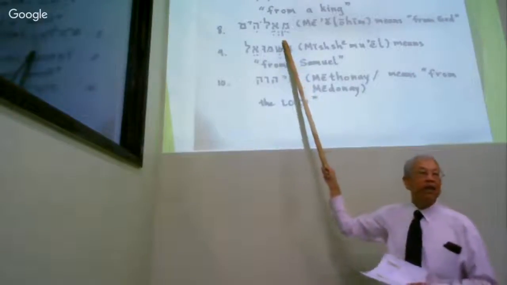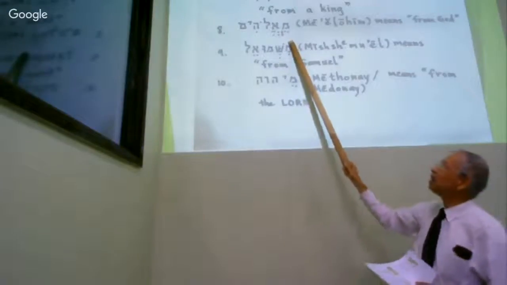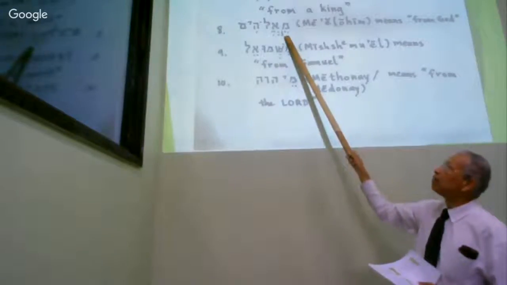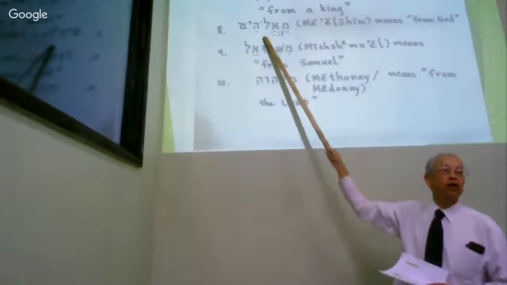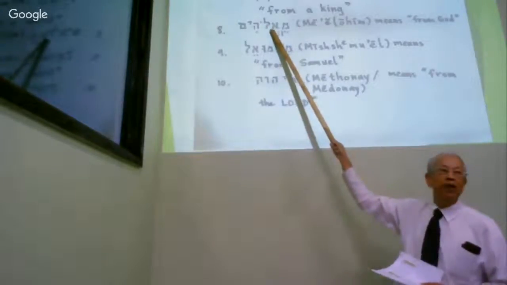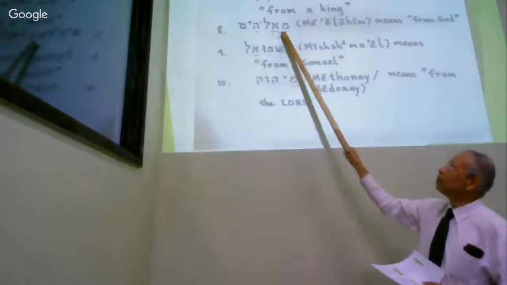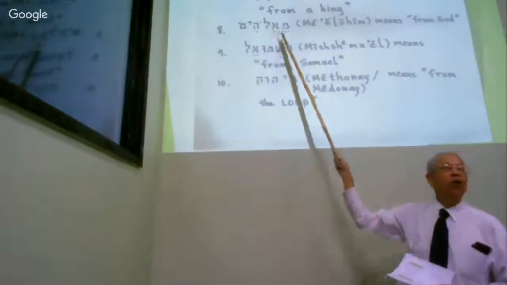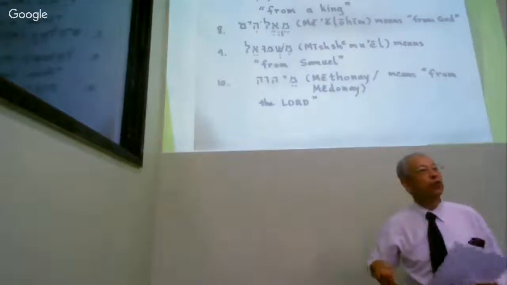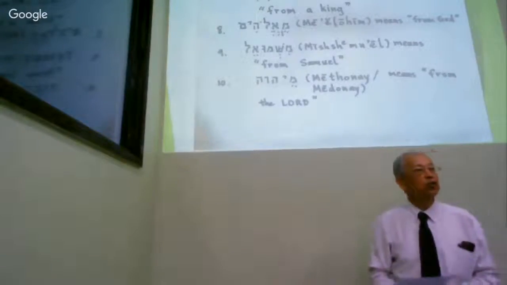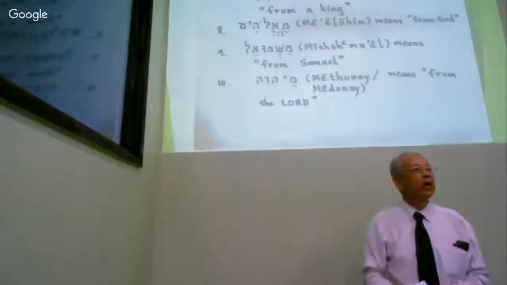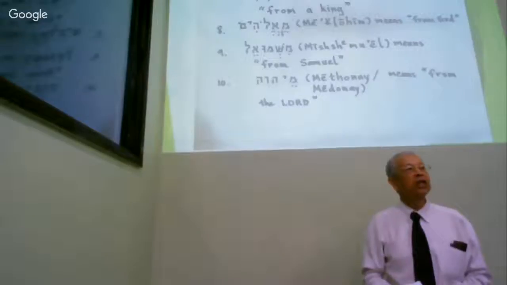And the reason it is different is that when you have min coming before a word that begins with a guttural letter, and aleph is a guttural letter, then the aleph cannot be doubled with a dagesh forte. You remember that guttural letters, aleph, he, kef, ayin, and resh, cannot take a dagesh forte.